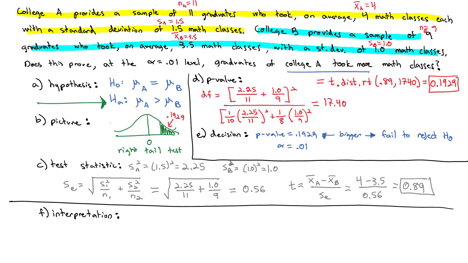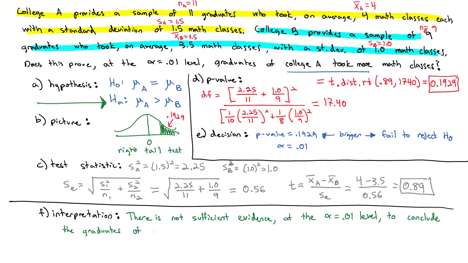We failed to prove that the average of A is bigger than the average of B. We can say that there is not sufficient evidence, because we failed, at the alpha equals 0.01 level, to conclude that the graduates of College A take more math classes than graduates of College B. And that is how we conduct a hypothesis test to compare two samples to see if they have a different mean.